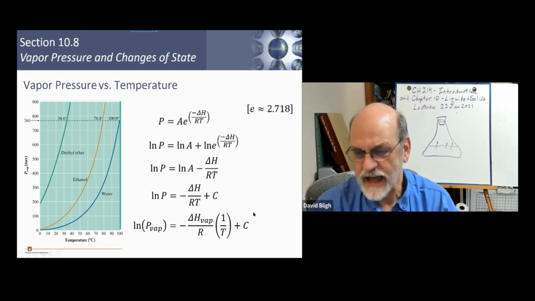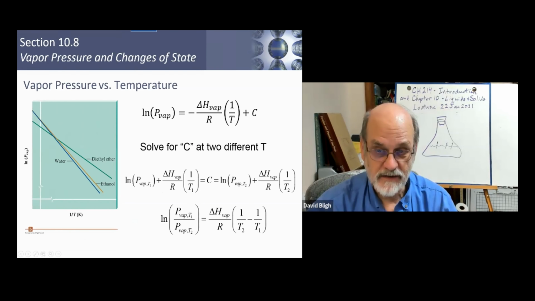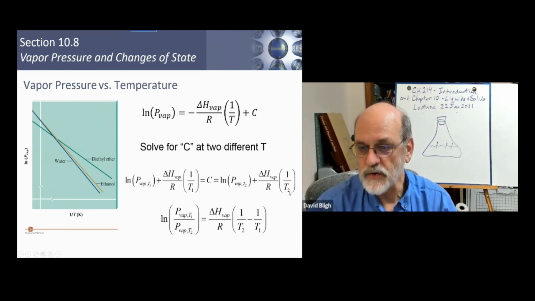Well, that still doesn't help us much because we don't know what that constant is. We know what R is, and we can measure vapor pressure, we can measure temperature, so we can solve for the delta H if we know what C is. But suppose we don't know what C is. Then what you have to do is conduct the experiment at 2 different temperatures.